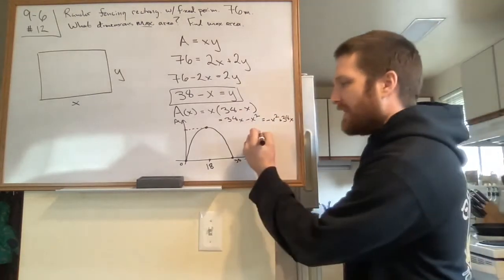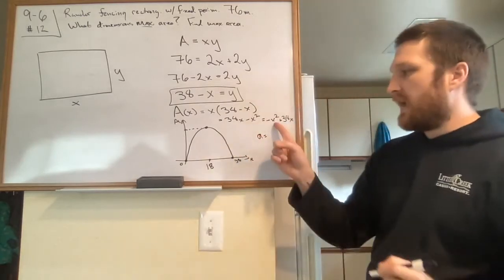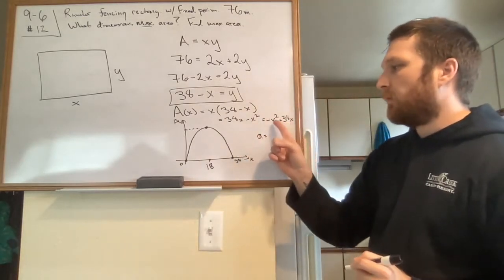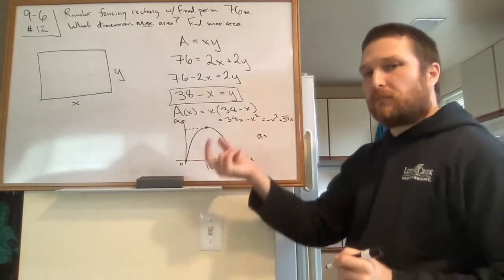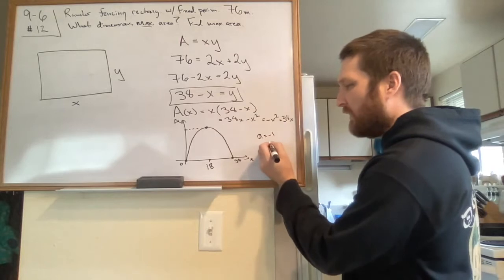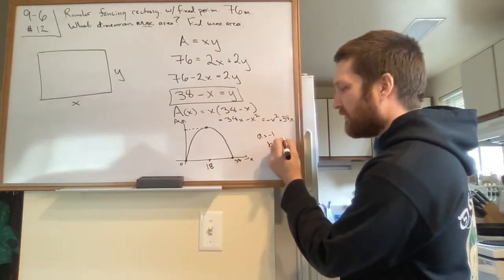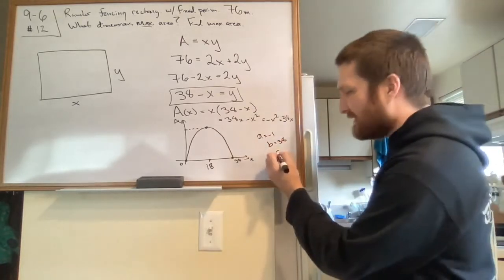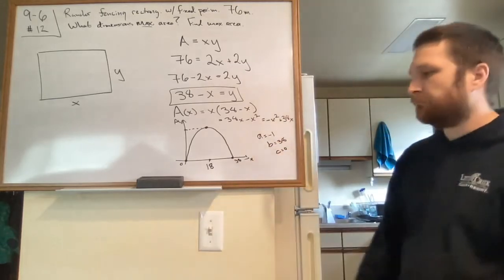Now I could see that right now we have a parabola written in the form ax squared plus bx plus c. The a is -1. The b is positive 38. The c is 0. There is no c there.